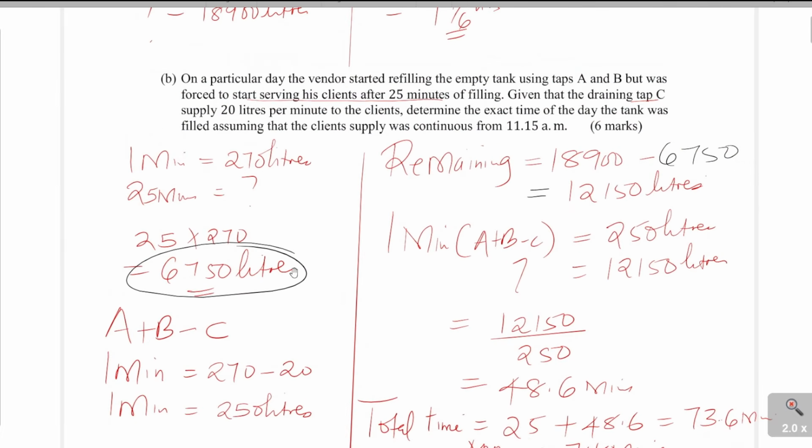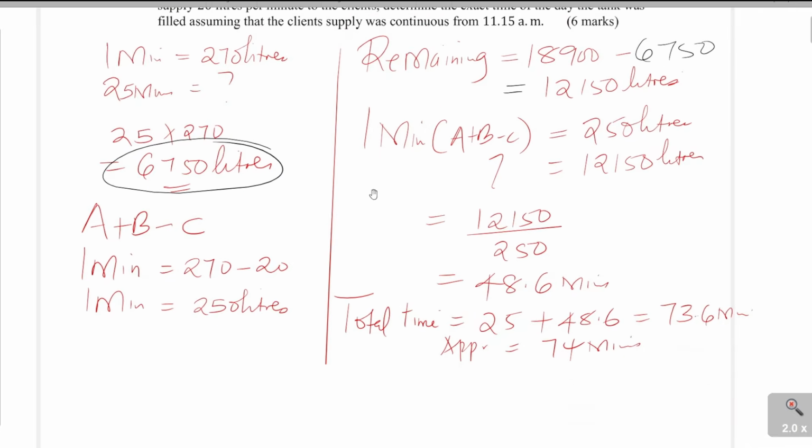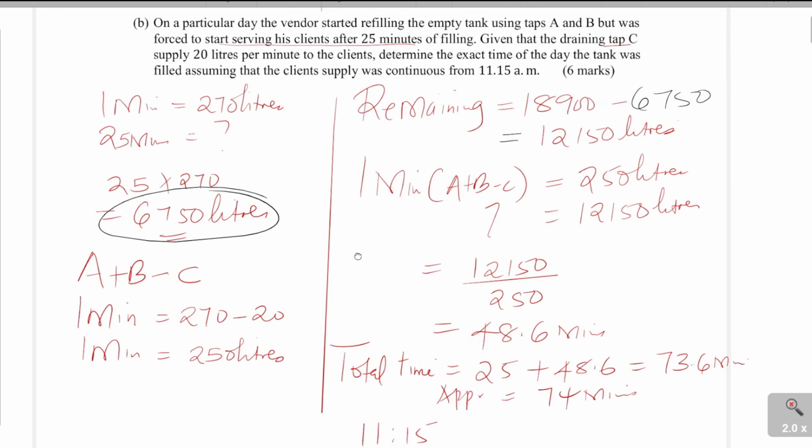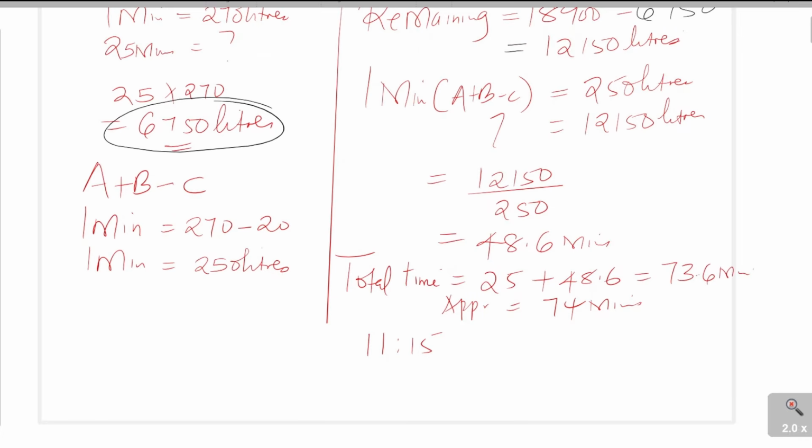Now we've not answered the question. The question is, determine the exact time of the day the tank was filled, assuming the client supply was continuous from 11:15. So the supply started at 11:15. The total time taken to fill is 74 minutes, which is equivalent to 1 hour and 14 minutes.